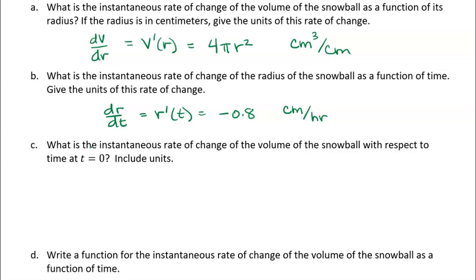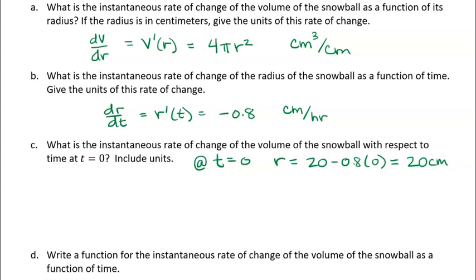At t equals 0, first of all, I'm going to find the radius. The radius is given by the equation we have above: 20 minus 0.8 times t, but t is 0. So our initial radius of the snowball at t equals 0 is 20 centimeters.